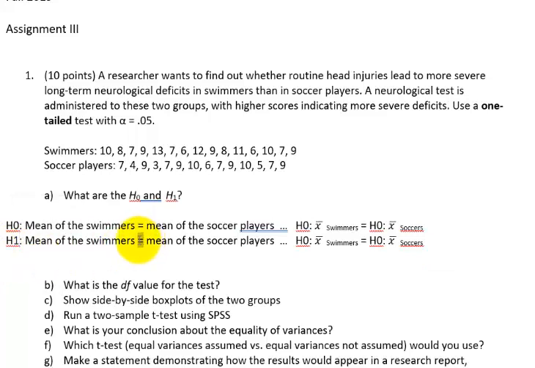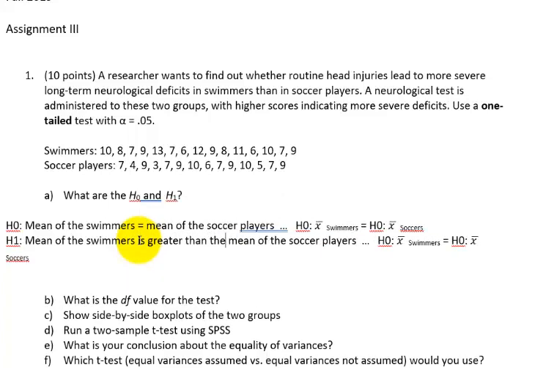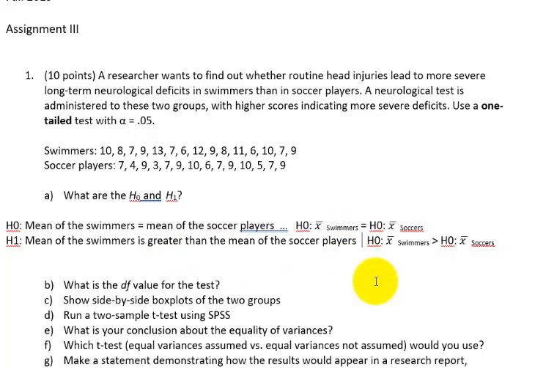So we're going to say the mean of swimmers is greater than the mean of soccers. All we do is change that equal sign to a greater than sign. If we put it into a sentence, like APA format: the mean of the swimmers equals the mean of the soccer players.